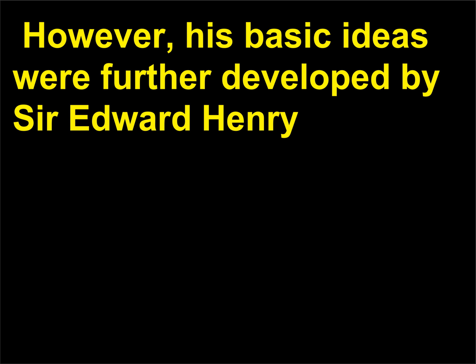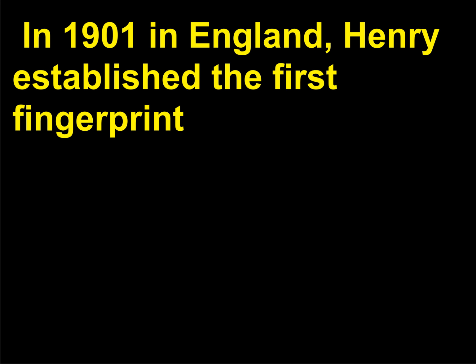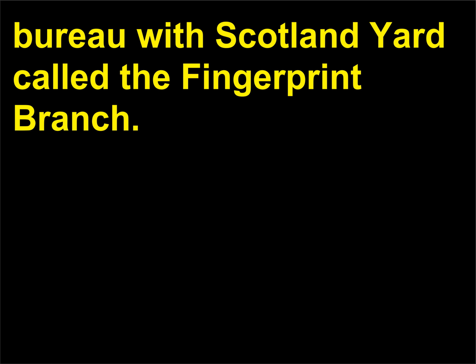However, his basic ideas were further developed by Sir Edward Henry, 1850 to 1931, who devised a system based on the pattern of the thumbprint. In 1901 in England, Henry established the first fingerprint bureau with Scotland Yard, called the Fingerprint Branch.